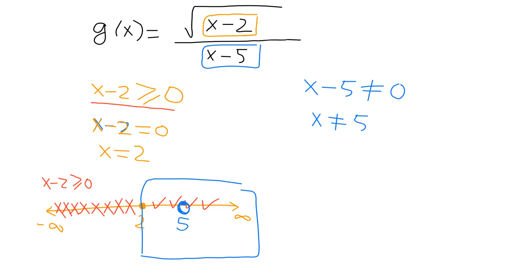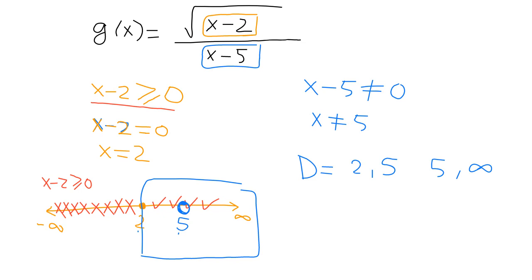You have to exclude 5 out of the first set. So what's the final answer for the domain? The domain starts at 2, then to 5, then from 5 to what? To infinity. So the domain contains 2 intervals.